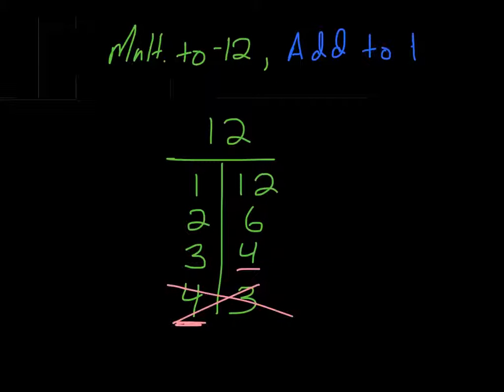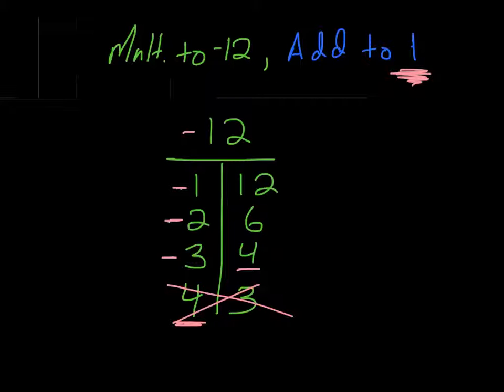Now I'm looking for two numbers that actually multiply to be negative 12, not positive 12, but they have to add to 1, or importantly, they add to a positive number. I'm going to give one of the numbers in these groups a negative, and what I'm going to do is always give the negative to the smaller number, because I want the bigger number to stay positive so that when they add together I get a positive.